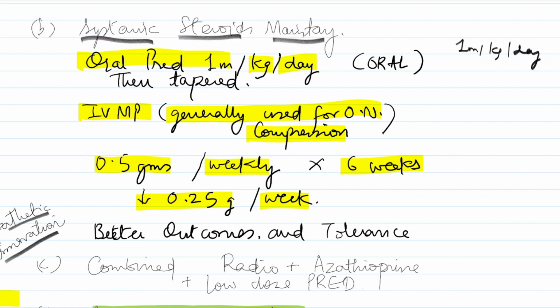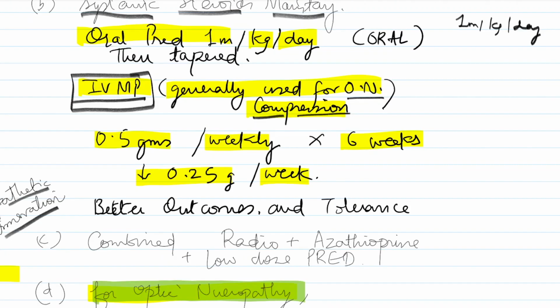So let's look at what the systemic steroid mainstay looks like. You start with oral prednisolone 1 mg per kg per day. It is then tapered. Then you have IVMP, which is generally used if the patient is undergoing optic nerve compression. Just remember, if the patient has optic nerve compression, you have to go with IVMP. There's no other way around it.